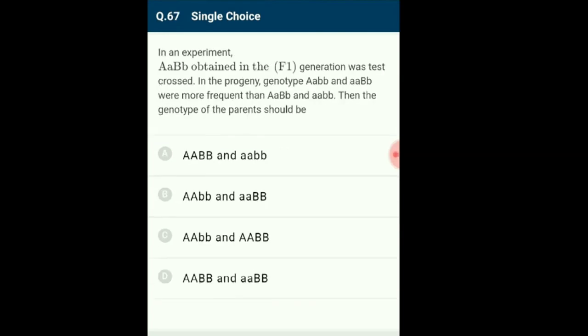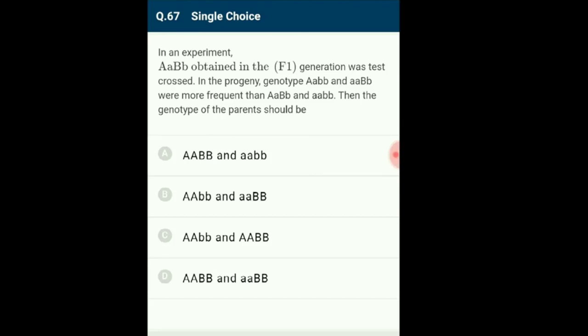Question number 67. In an experiment, Aa Bb obtained in the F1 generation was test crossed. In the progeny, genotypes Ab and aB were more frequent than AB and ab. Then the genotype of the parent should be?